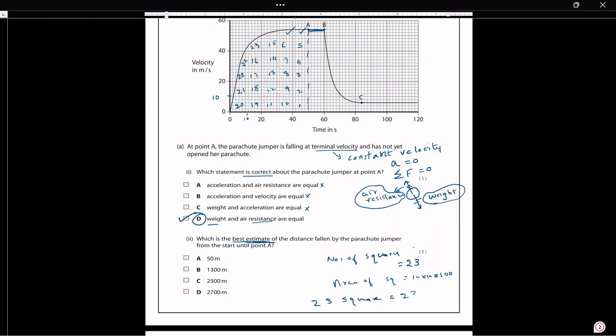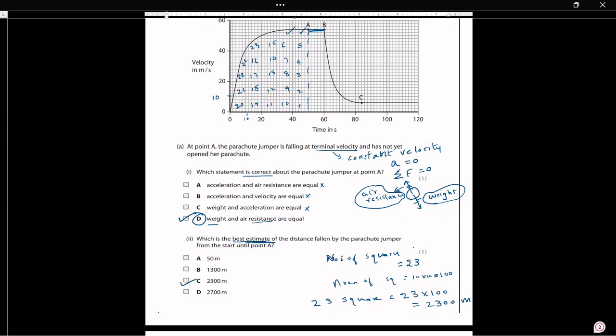This is 23 times 100, which will give an estimation of 2,300 meters. So this is the expected answer. Number of squares 23, area of one square 100, so for 23 squares it is 2,300.